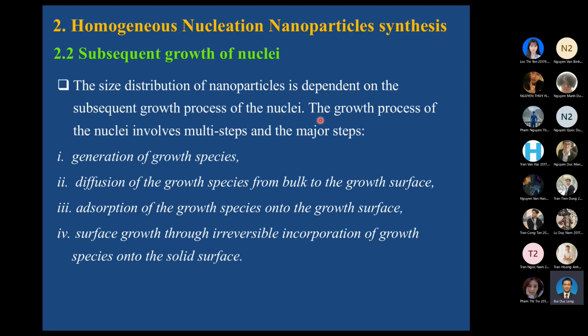The growth process of nuclei involves multiple steps, and the major steps are below. The first step is generation of growth species. The second is diffusion of growth species from the bulk to the growth surface.